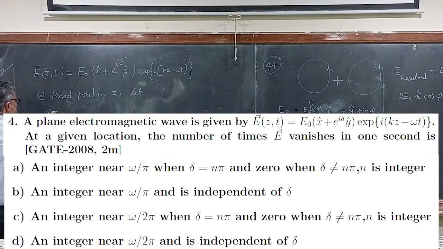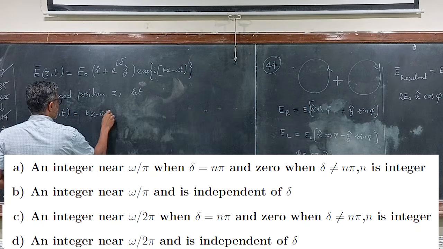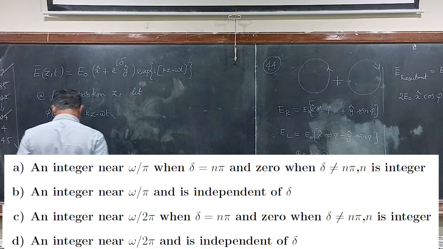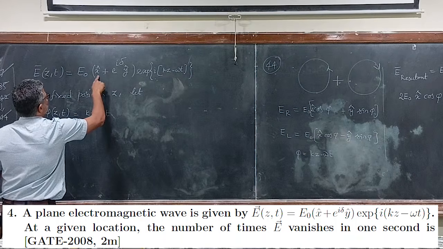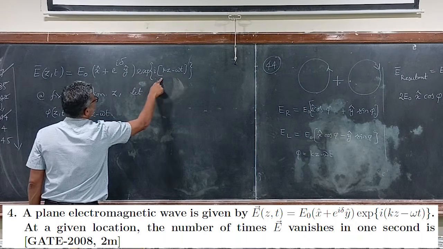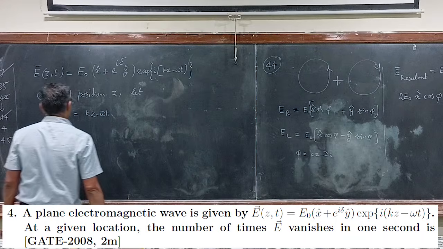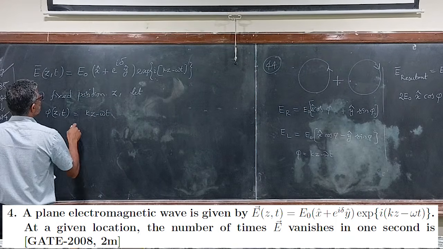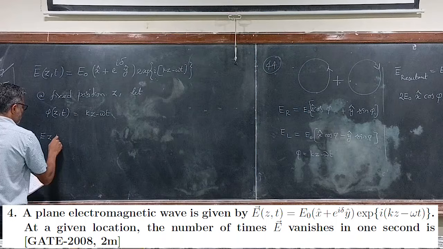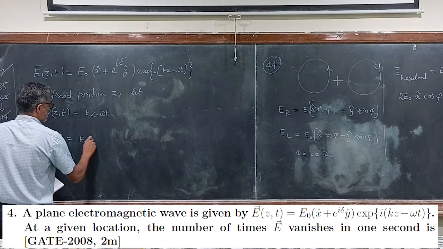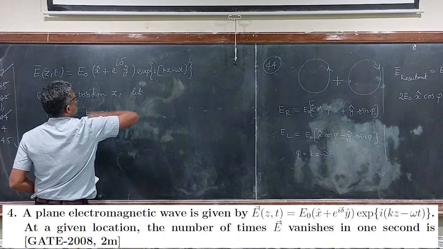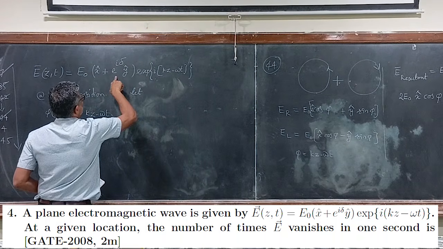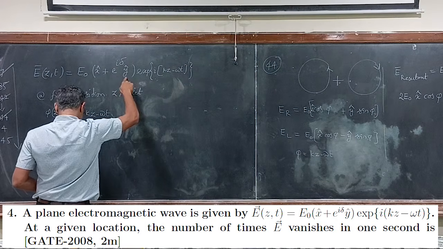let phi of z comma t equal to kz minus omega t. Just writing this argument itself. And the real part, here what will happen, the real part, you can write this expansion. If you expand E of z comma t, written as E0 x cap, and this can be expanded, and you have a cos delta plus i sin delta along y cap.